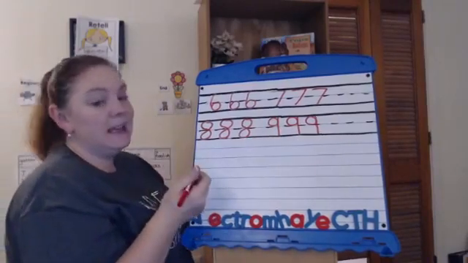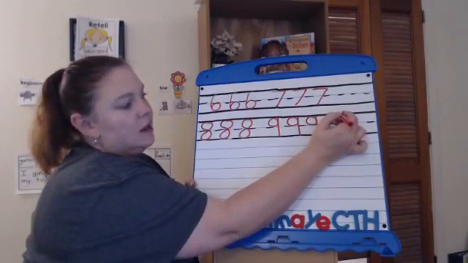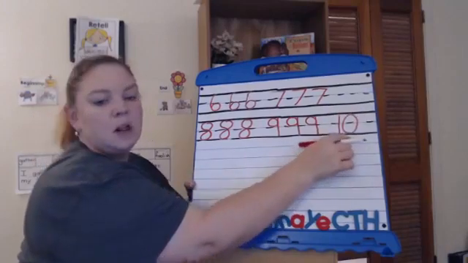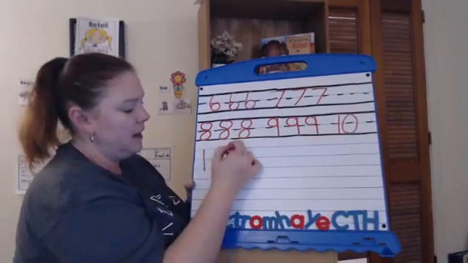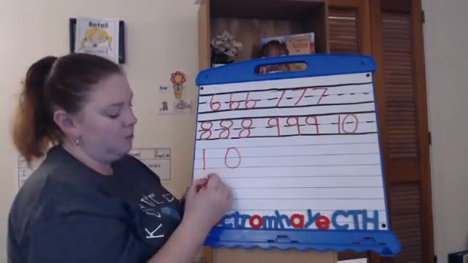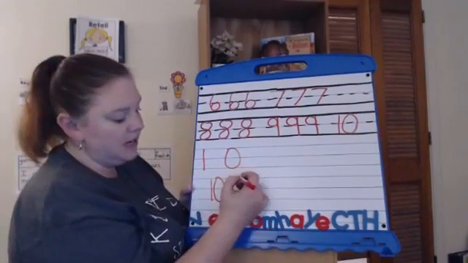Now, to make a 10, and I'm only going to make one of these because it's really easy, you make a 1 and a 0. You just put them a little closer together. Instead of spacing them out, you make them closer together, like this: 1, and then your 0 is right beside it. All the teen numbers are like that.